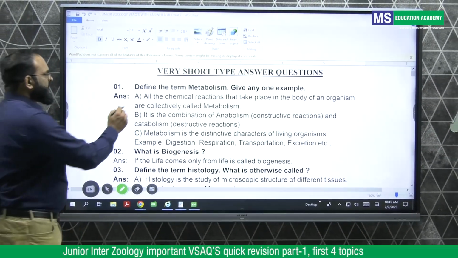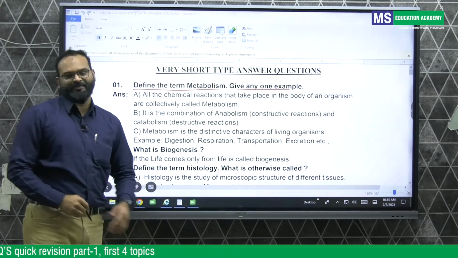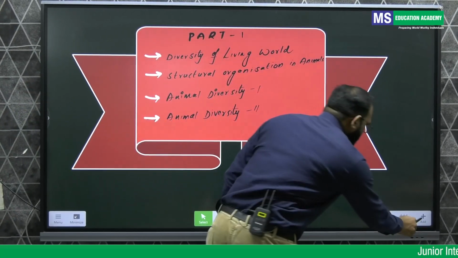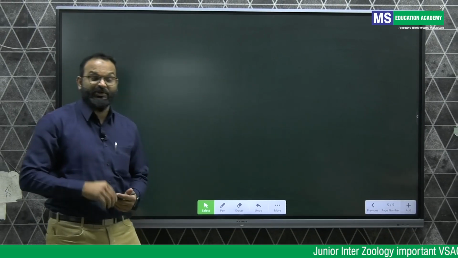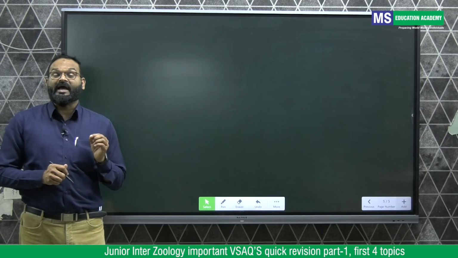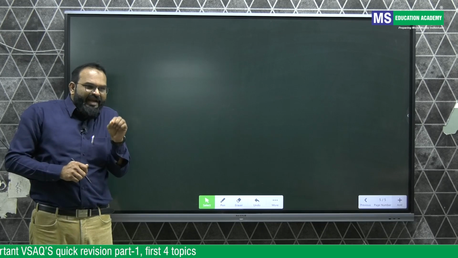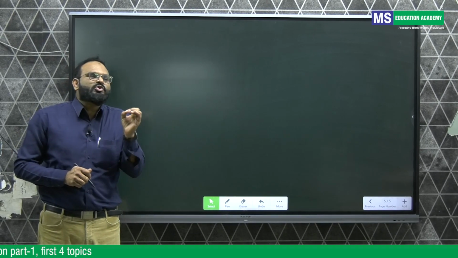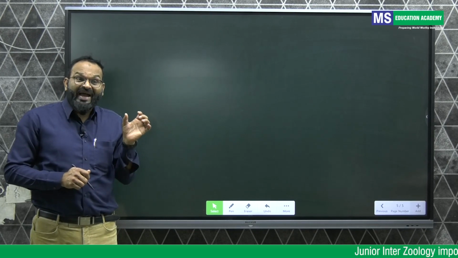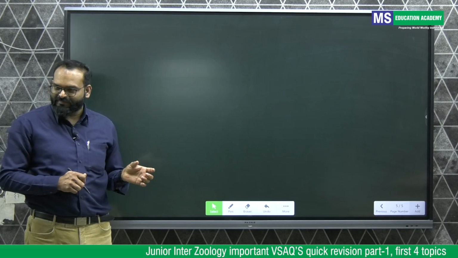First question, define the term metabolism. Give any one example. Students, I would like to give one technique for writing VSAQ questions. Each VSAQ question carries 2 marks. So make up your mind to write the answer in a minimum of 2 statements, with valid scientific terms relevant to the answer.